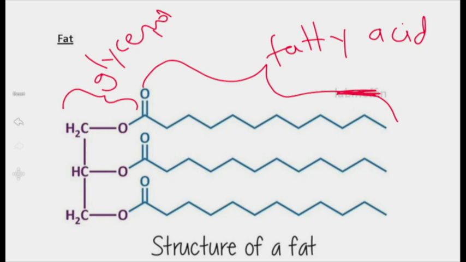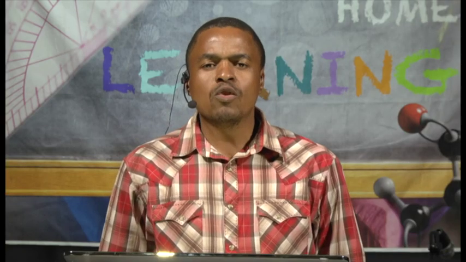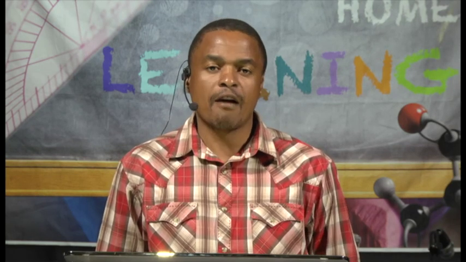That's Form 5 level. Now, having looked at the different food molecules which will then be absorbed after having been broken down, after having undergone mechanical digestion and chemical digestion, now we look at the types of digestion.